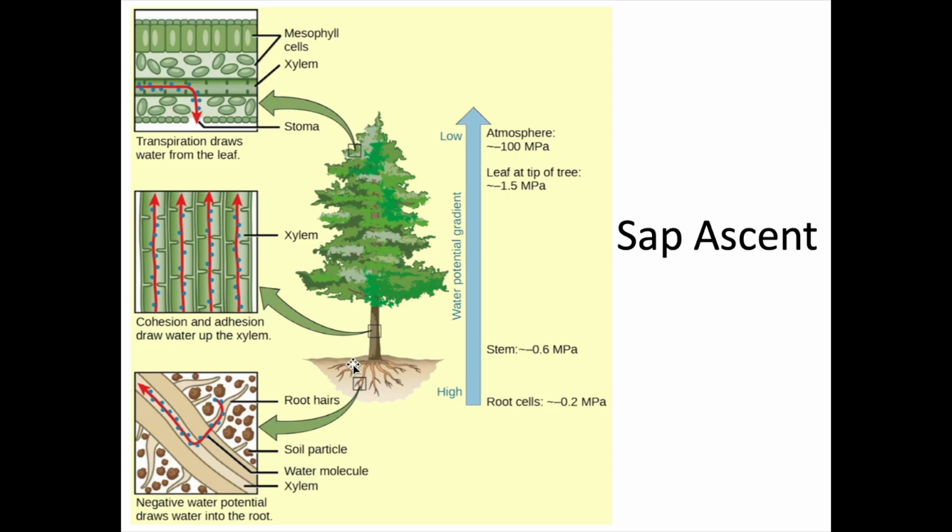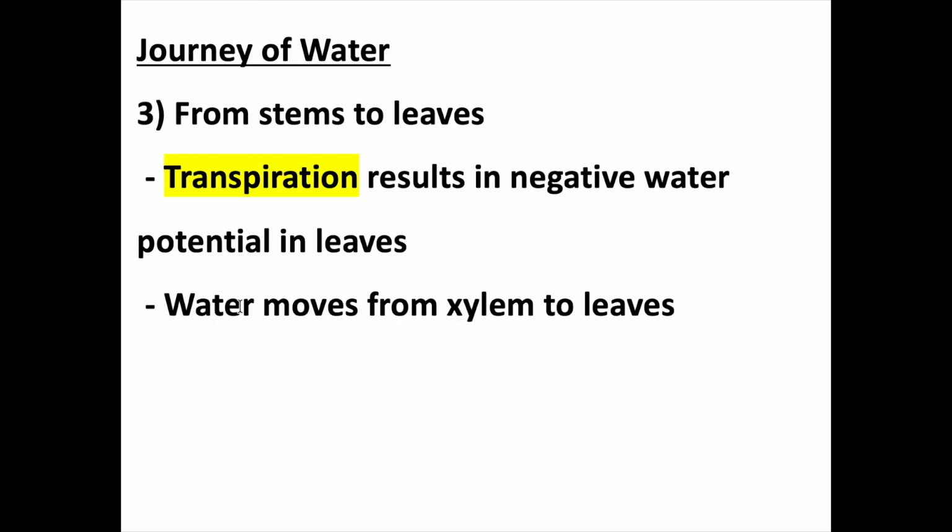So you're spending water to transport water for free. I'd say that's a pretty good deal. So from stems to the leaves, this occurs through transpiration, as we just defined. It creates negative water potential in the leaves. Water moves from high to low water potential, so it's going to move into these leaves from the xylem.